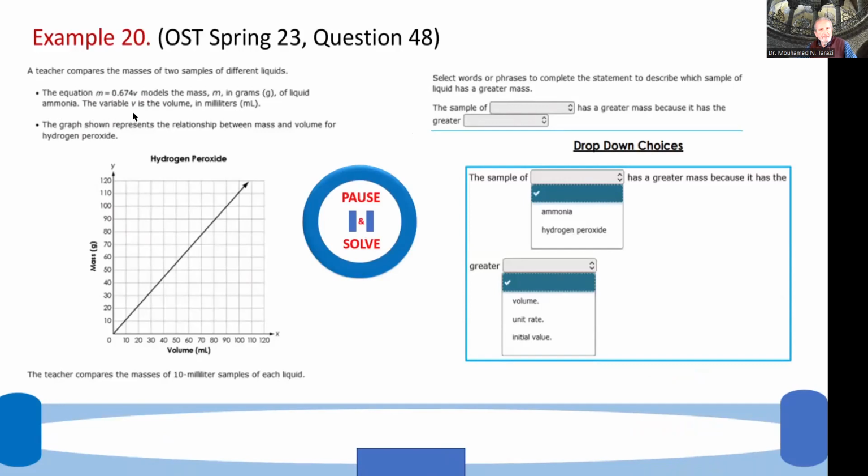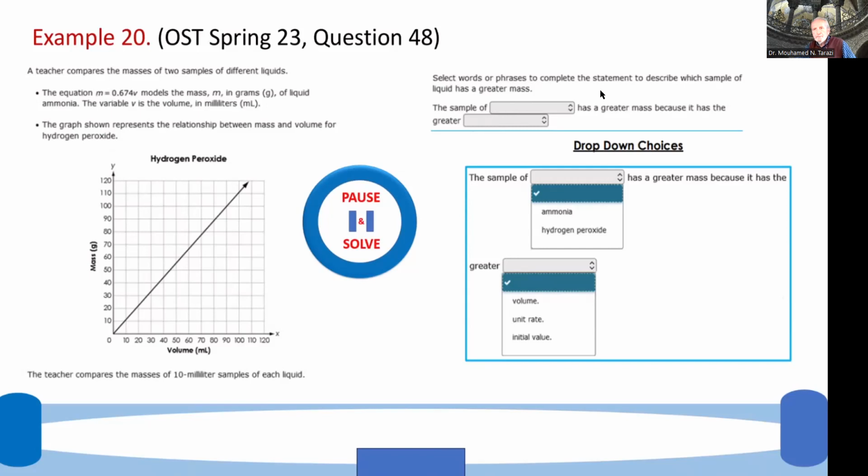The variable V is the volume in milliliters. The graph shown represents the relationship between mass and volume for hydrogen peroxide. So here he is giving you a formula and a table and a graph, okay?